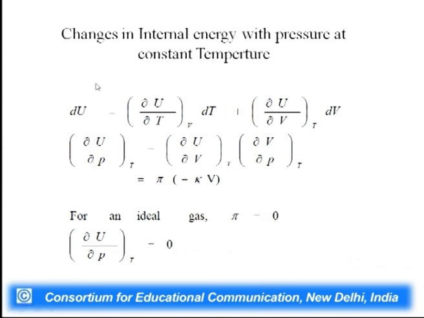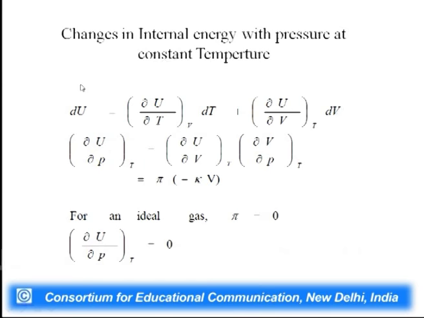You must remember, I have already told you in the last lecture that U is generally written as a function of V and T. One of the important reasons for that is we know del U by del T at constant V is nothing but Cv, whereas del U by del V at constant T is your internal pressure. So basically we express dU in terms of the heat capacity at constant volume multiplied by dT plus internal pressure multiplied by dV.